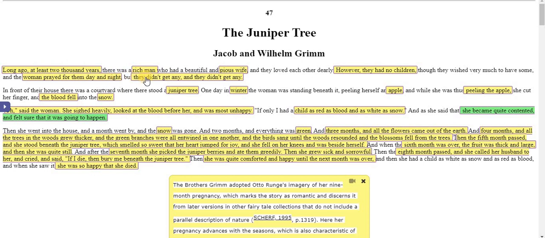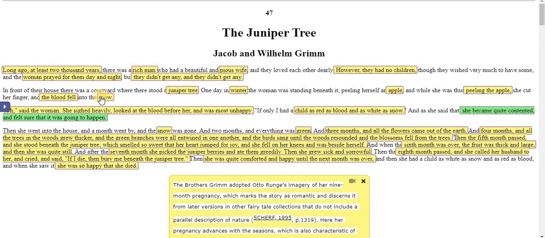But they didn't get any. In the front of their house there was a courtyard, where there stood a juniper tree. One day in the winter, the woman was standing beneath it, peeling herself an apple, and while she was thus peeling the apple, she cut her finger, and the blood fell into the snow.